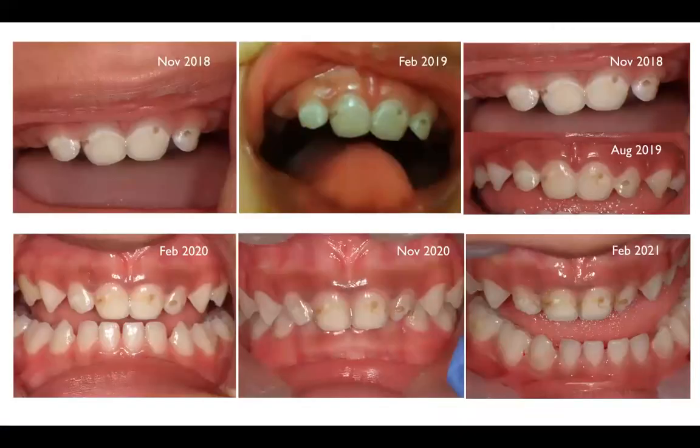Now, coming to the clinical measures, as you can see, in November 2018, again in the cervical region, you see a non-cavitated lesion present there. In February 2021, again, the enamel surface is hardened. There is no further caries progression, and the disease was successfully intervened early.